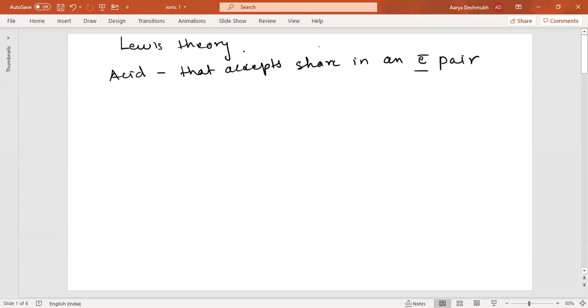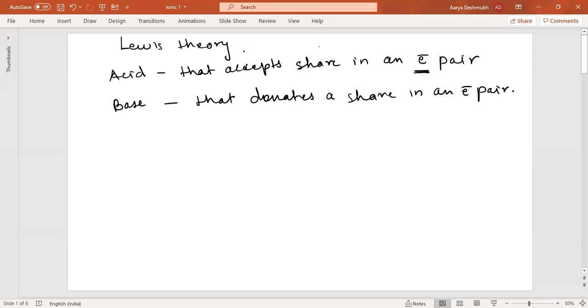So now we are defining acids and bases on the basis of electrons. And bases are the species that donate a share in an electron pair.